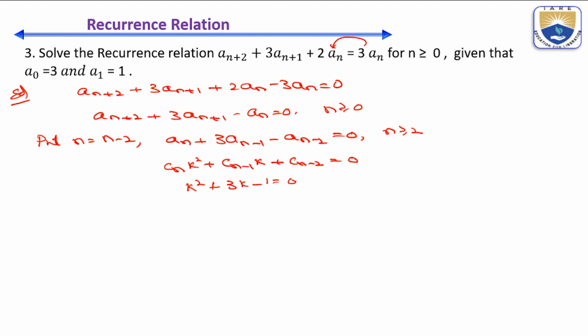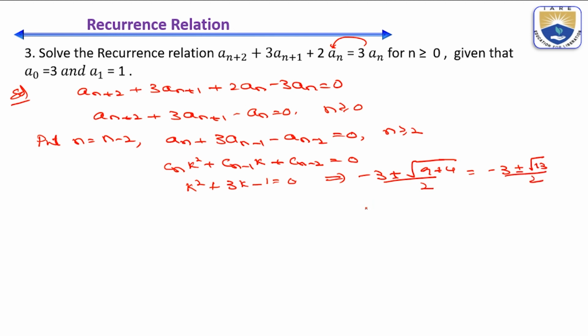Now we are going to find the roots for this recurrence relation. The roots are minus b plus or minus root of b square minus 4ac, all by 2a, so it is minus 3 plus or minus root of 9 plus 4, by 2. So this is minus 3 plus or minus root 13 by 2.